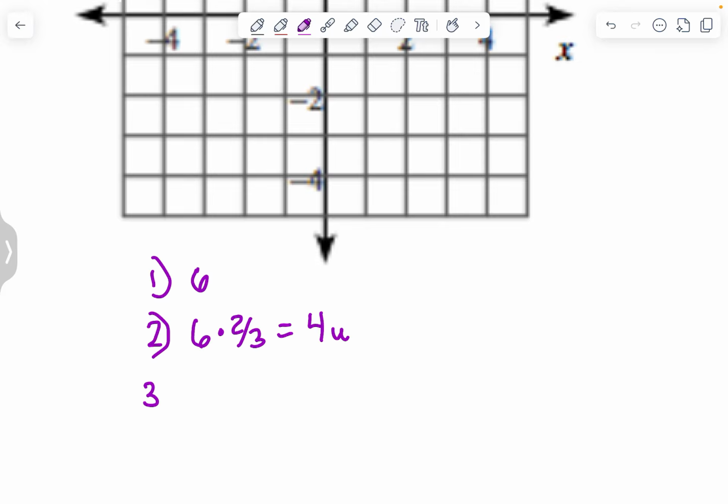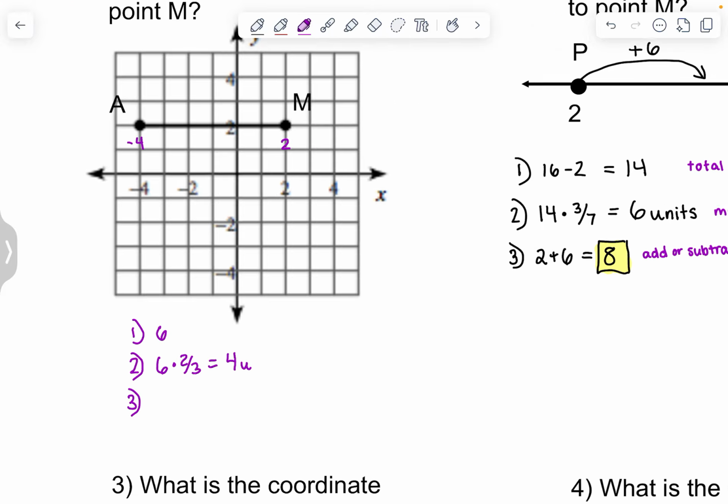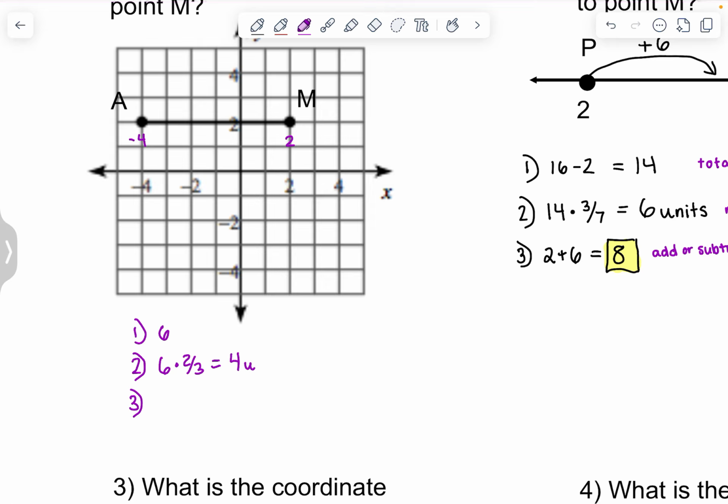And now step 3, we're going to count or add -4 plus 4 is going to land us right here. -4 plus 4 equals 0. 0 is not our complete answer because now we are on a coordinate grid.